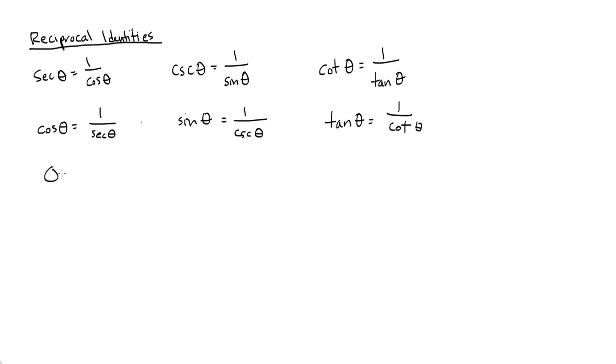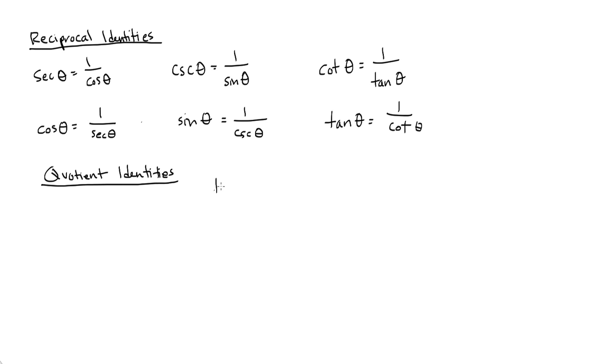The next two are sometimes called the quotient identities, and they deal with tangent and cotangent. Remember when we talked about the unit circle, tangent was y over x, the y coordinate over the x coordinate.